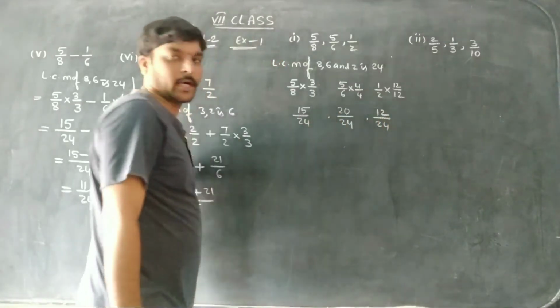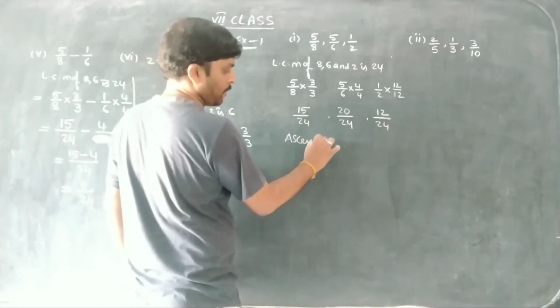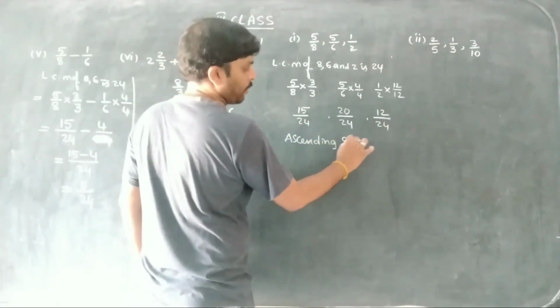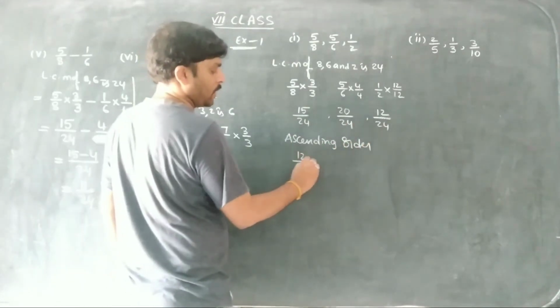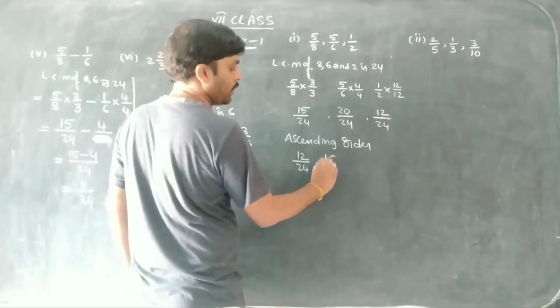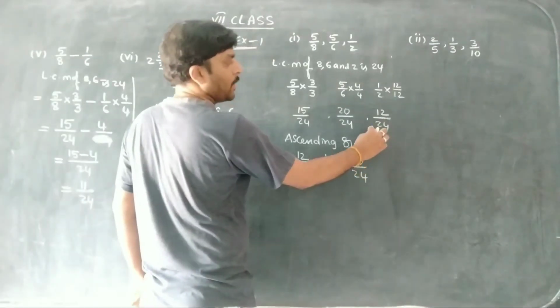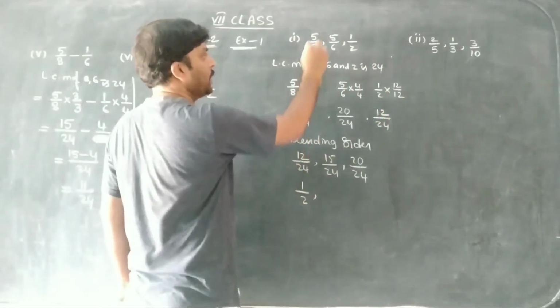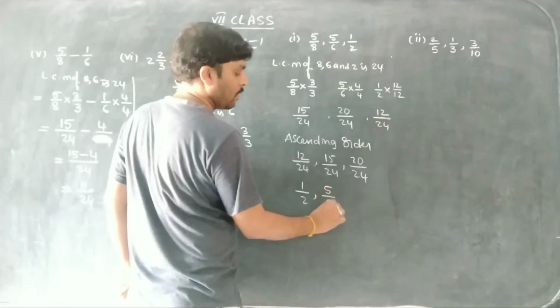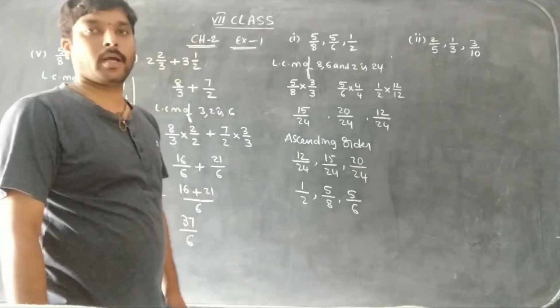Now make it in ascending order. What is the smallest first? 12 by 24, 15 by 24, 20 by 24. 12 by 24 is called 1 by 2. 15 by 24 means 5 by 8 and 20 by 24 means 5 by 6. They are in ascending order now.